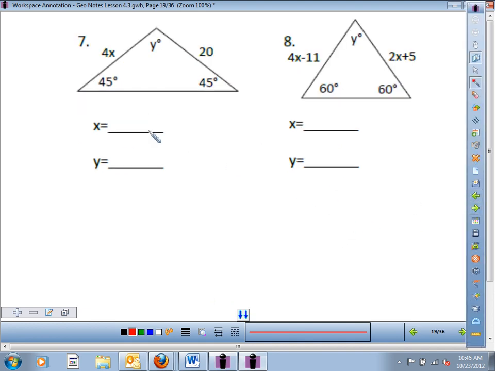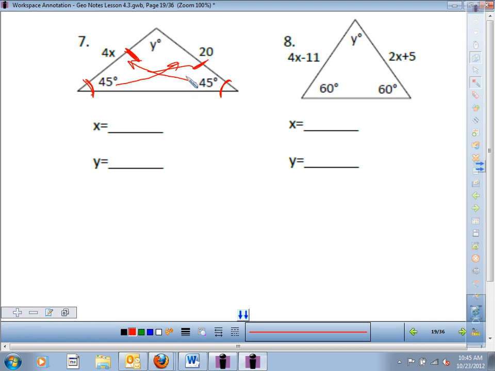So what we have on number 7 is kind of the same thing. I don't know if this is isosceles yet. There's no markings that say, hey, this side is equal to this side. But if we look, this angle is equal to this angle. So if we have two equal angles, we know we have two equal sides, and those sides that are equal are going to be opposite of those angles. So this side equals this side, right?